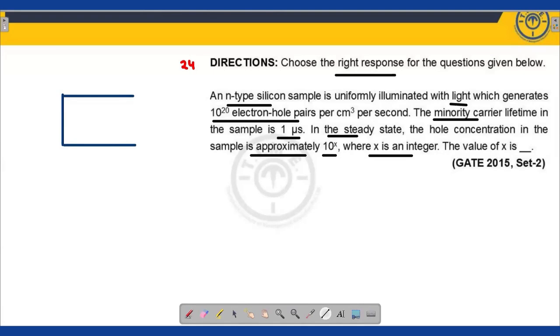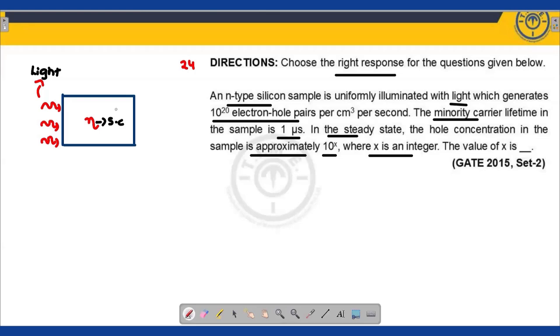On this n-type semiconductor he has dropped light.